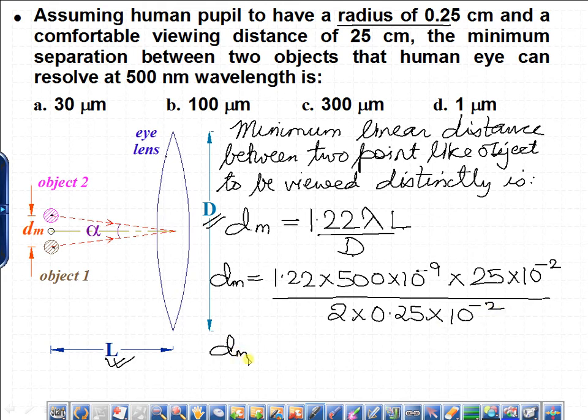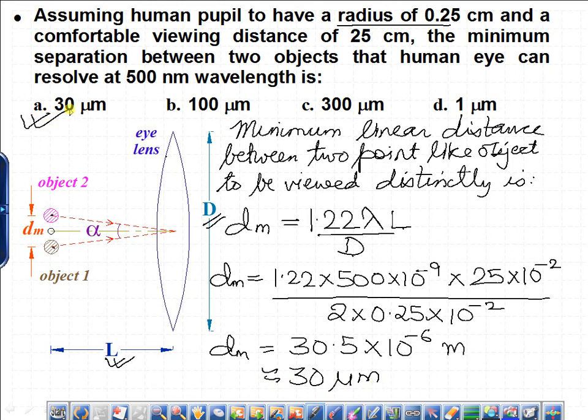On solving this, we get dm equal to 30.5 into 10 raised to minus 6 meter, which can be approximated as 30 micrometer. So the correct option is option A in this case.